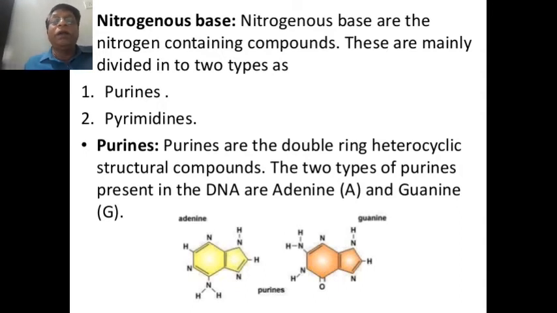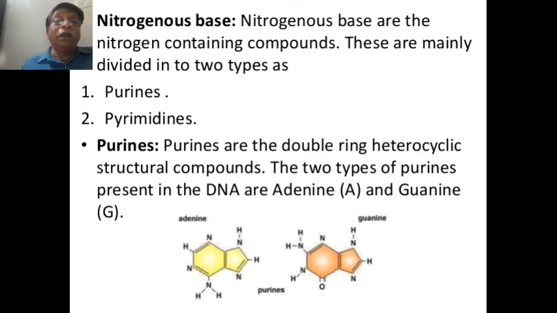They are one, purines, and second, pyrimidines. Now we shall study the purines and pyrimidines. First, purines. How to define purines?